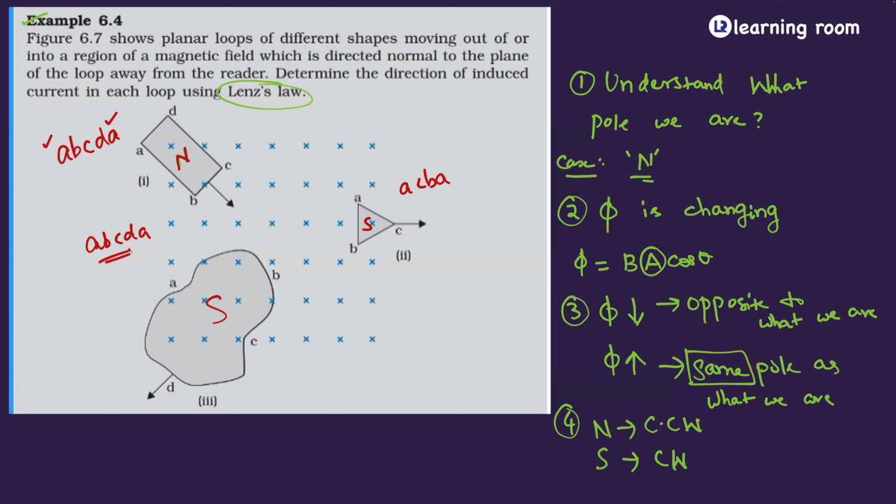Are you able to understand these points? So this is the whole algorithm, I'll call it. These are the steps that you need to follow to solve any problem that is based on Lenz's law. This is not specific only to this problem. You can solve any problem. But these 4 steps are to be followed in the correct order. Is that clear?